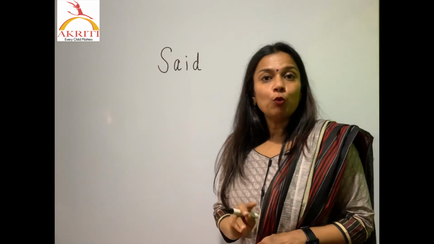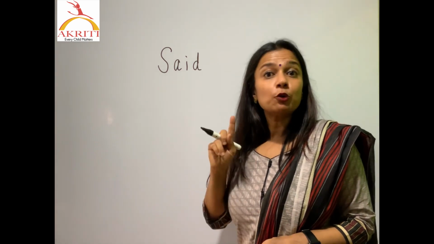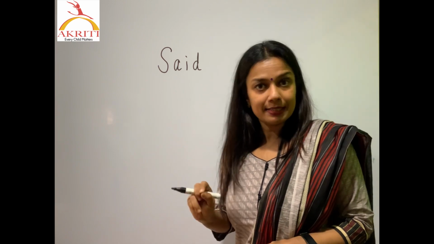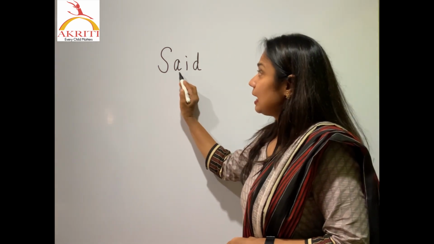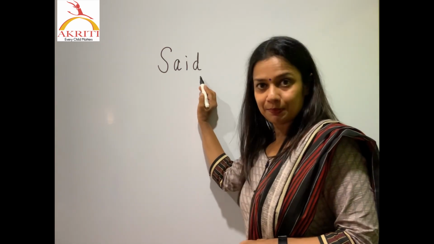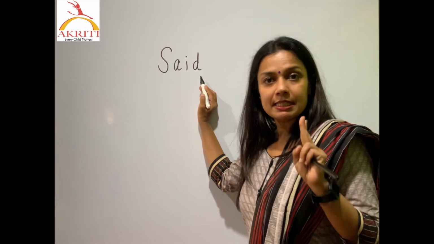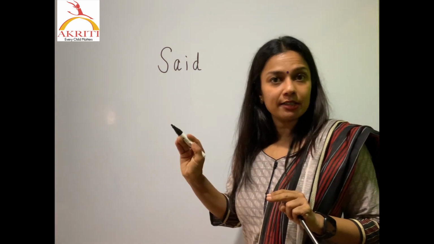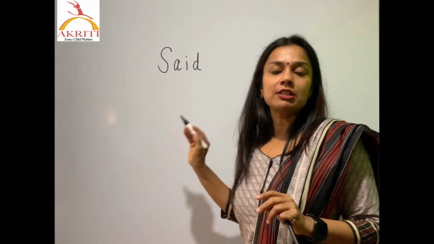said. So what we do in the beginning is read the word. The child is made to read the word with assistance. S, A, I, D, said. That is step 1. Step 2, the child is asked to tap under each letter and then complete reading the word.